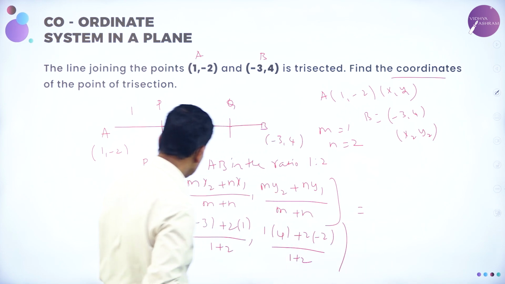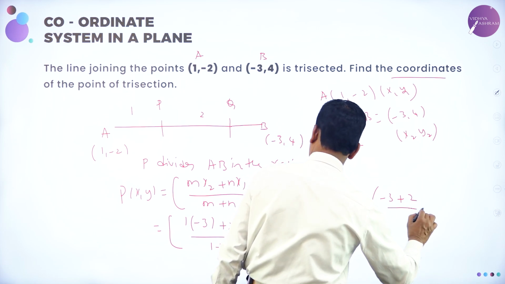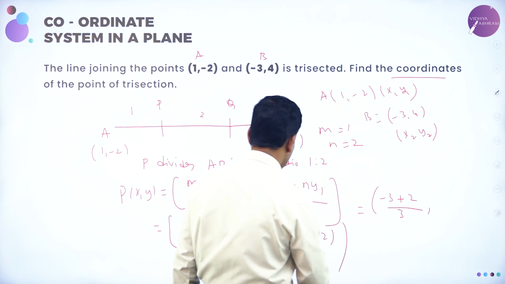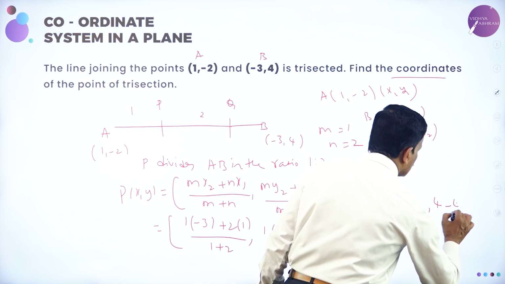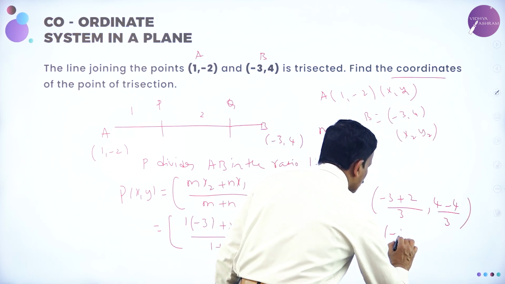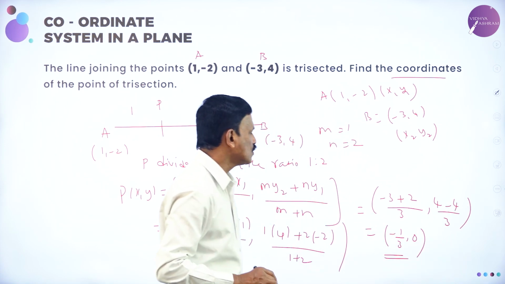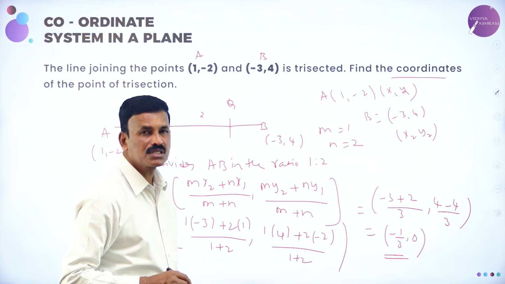What is this equal to? (-3 plus 2) divided by 3, comma, (4 minus 4) divided by 3. So -3 plus 2 is -1 by 3, comma, 4 minus 4 is 0 by 3 is 0. So (-1/3, 0) is the first point.